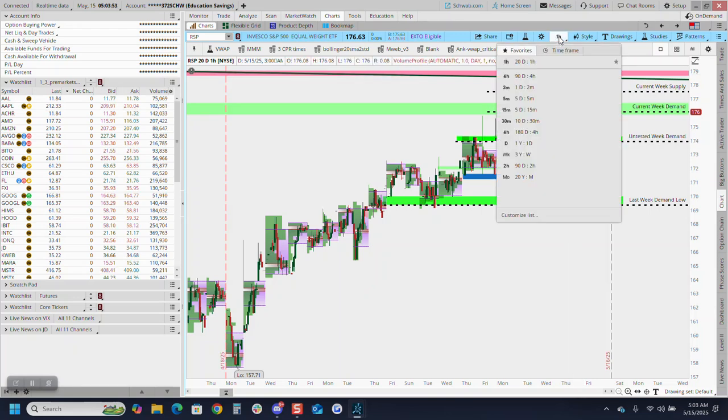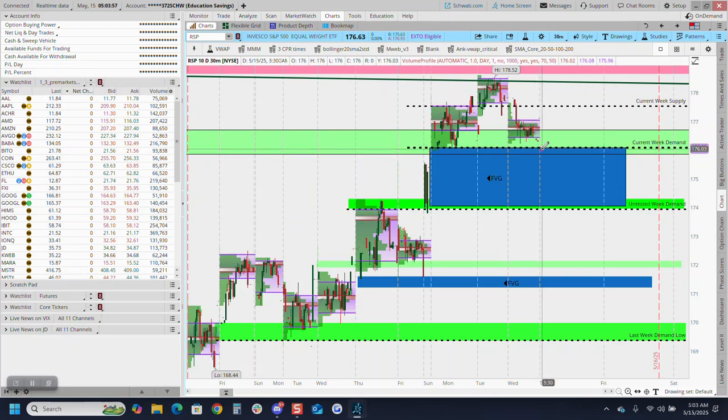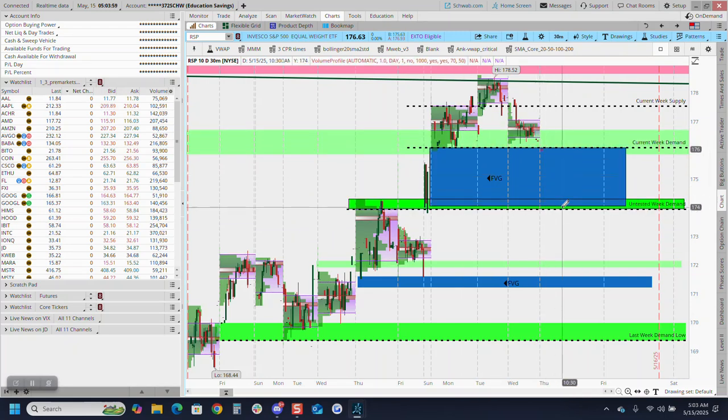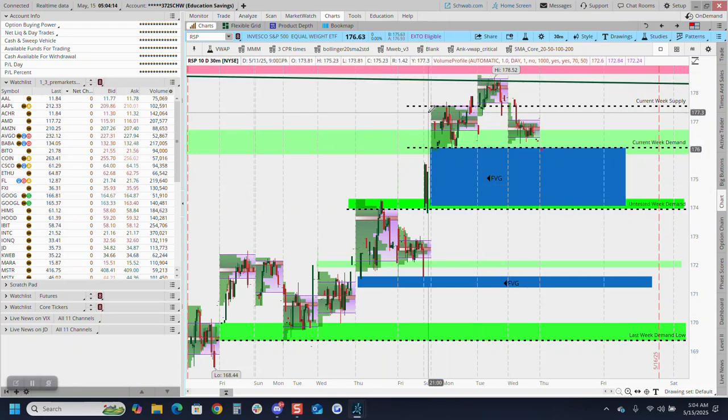So we have to be very mindful of that. You see, we're already trying to push into that fair value gap, suggesting the breadth is not supportive of prices at these higher prices. And that's just telling me, do I really even want to think about looking to the long side? I think we hit a major supply point, and we're probably going to be shopping for lower prices until we're proven otherwise.